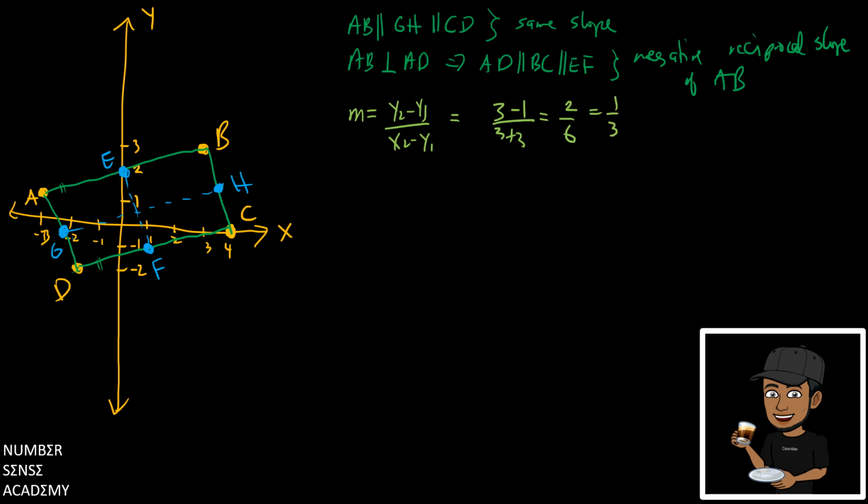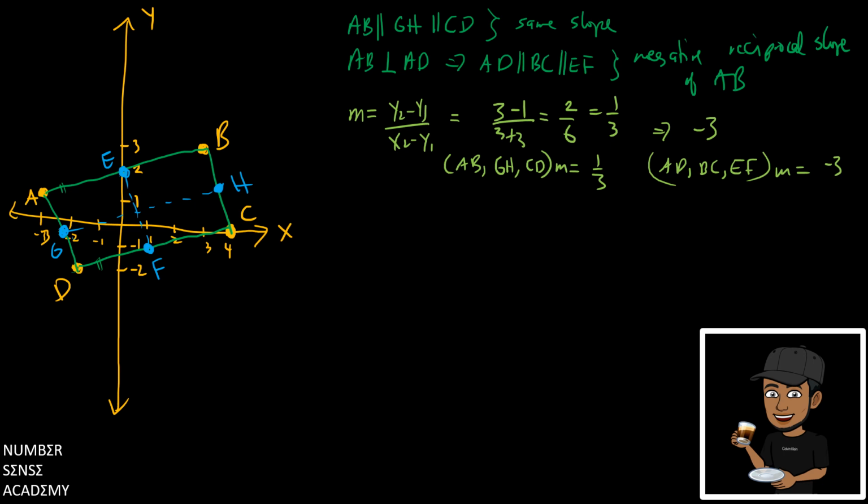So if this is the slope of AB, that means the perpendicular slope must be -3, all right? So for AB, GH, and CD, m is equal to 1/3. And for AD, BC, and EF, m is equal to -3.